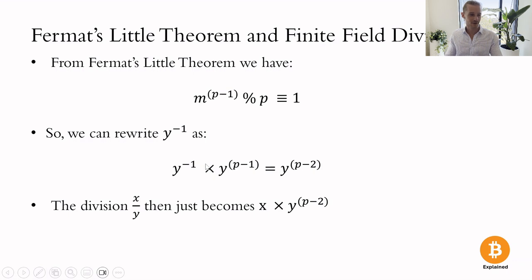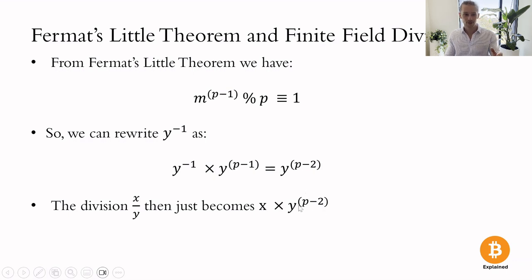But the interesting thing about this now is that we can group these exponents of y, p minus 1 and minus 1, as y to the power of p minus 2. So in the end, the division x divided by y then just becomes x multiplied by y to the power of p minus 2.